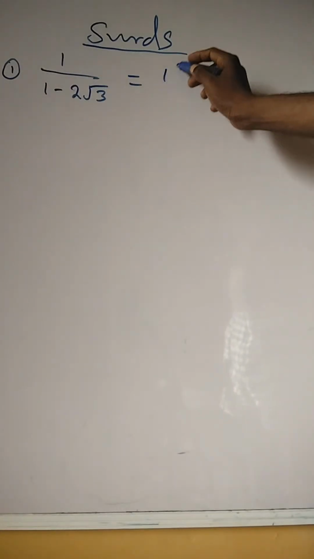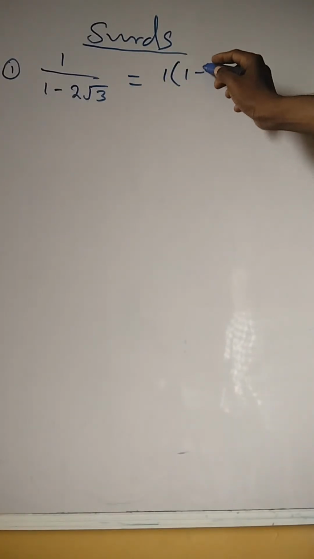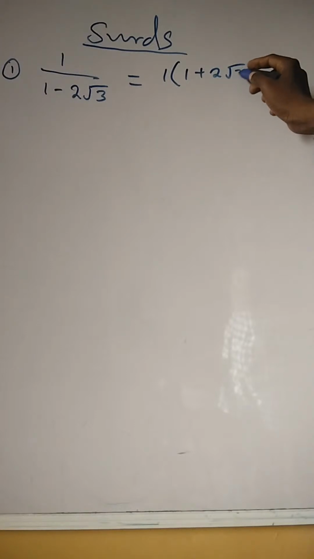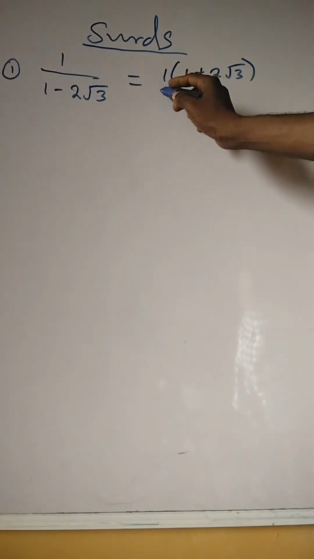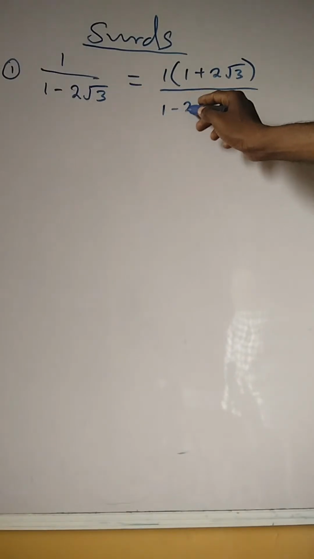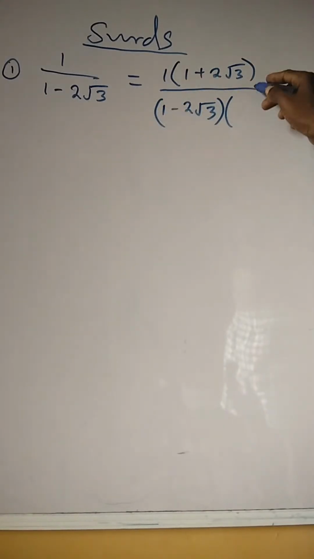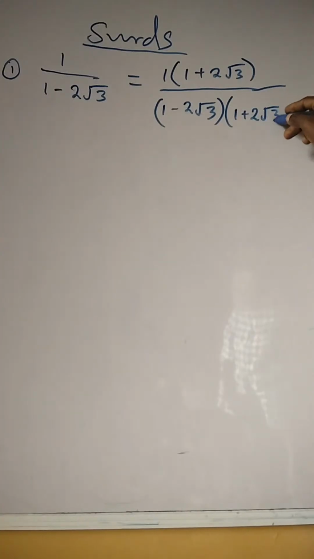That is, here we have 1 multiplied by the conjugate, which is 1 plus 2 root 3, then divided by 1 minus 2 root 3 multiplied by also 1 plus 2 root 3.